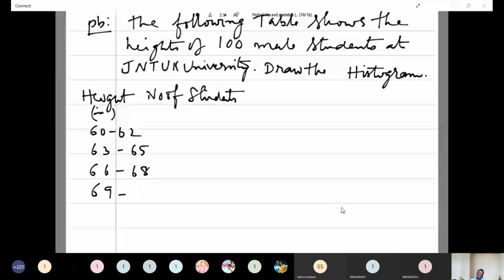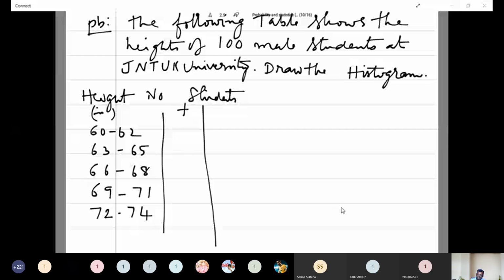This is the class interval, and the corresponding frequencies: first you have to write the frequency, that is 5, 18, then 42 and 27 and 8.